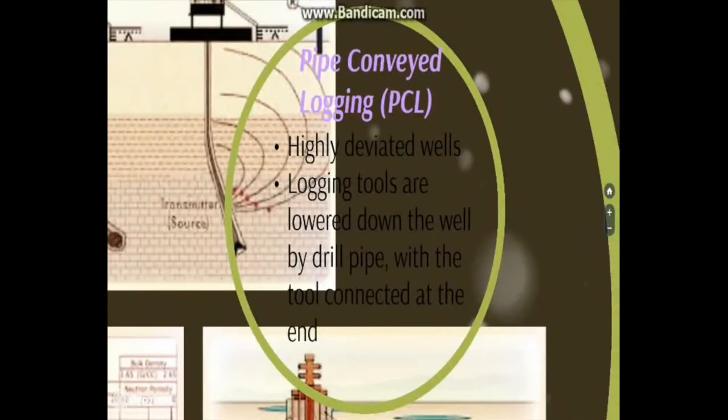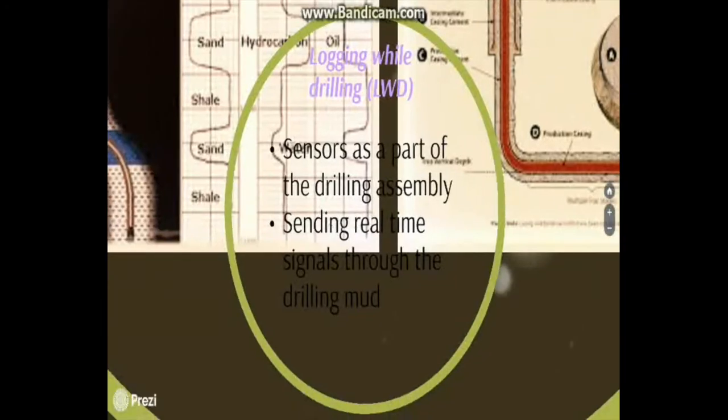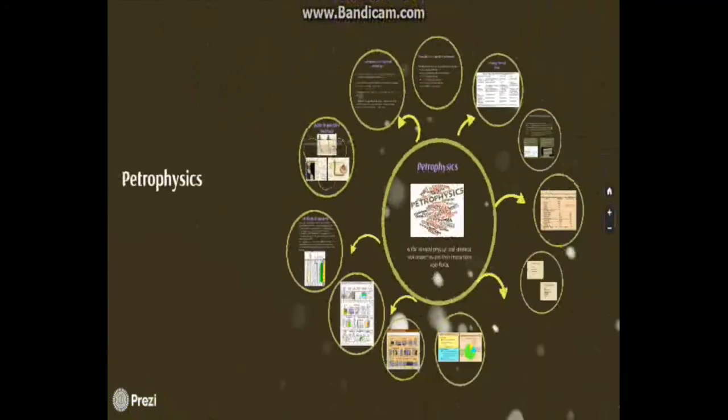The second one, pipe conveyed logging: highly deviated wells. Logging tools are lowered down the well by drill pipe with the tool connected at the end. And the last one, logging while drilling: sensors as a part of the drilling assembly, sending real-time signals through the drilling mud.